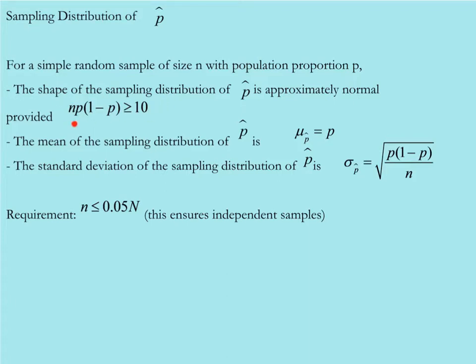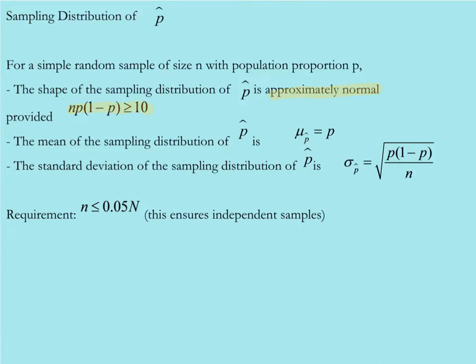So this formula is the test, and we're not going to go into really where this formula comes from, but it's the test for is the distribution normal. If my n, sample size, times p, the proportion, times 1 minus p, is greater than or equal to 10, then that means that my distribution is approximately normal. So that's what that is a check for.